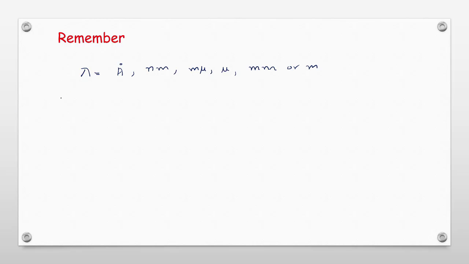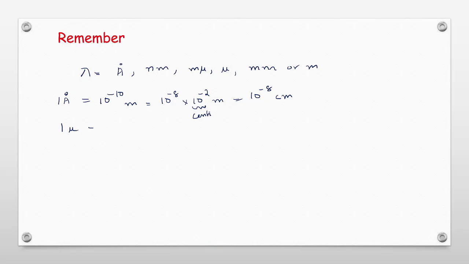So 1 Armstrong is equal to 10 raised to minus 10 meters, which is equal to 10 raised to minus 8 into 10 raised to minus 2 meters. Minus 2 is given prefix centi. So this is equal to 10 raised to minus 8 centimeter.